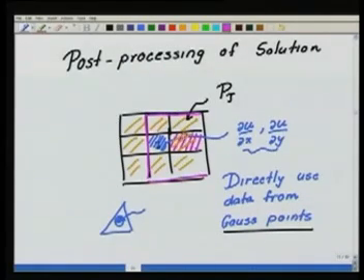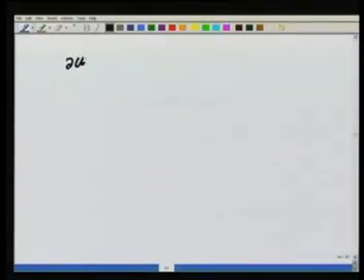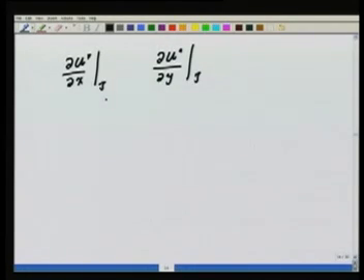Okay, I'll do the same job for the next element by taking this patch and constructing these coefficients a_ij, b_ij, and out of that I get ∂u*/∂y and ∂u*/∂x for that element. Okay, so once I have this information, then I can use ∂u*/∂x in the element τ and ∂u*/∂y in the element τ as recovered derivatives.